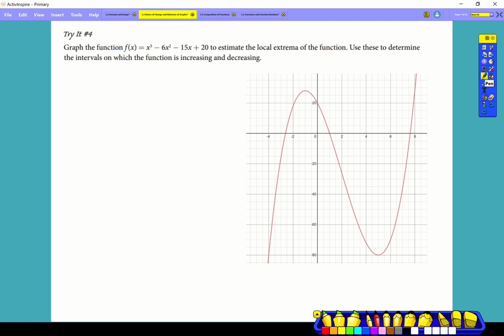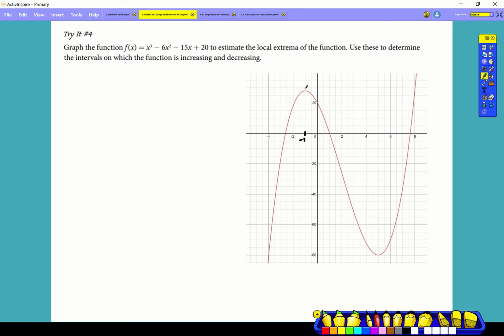We need to use this to determine the intervals on which it is increasing and which it is decreasing. So since it's such a weird equation, I'm not going to be able to get the intervals quite exact, so we're just going to guess here. So if this is -2, that must be -1.